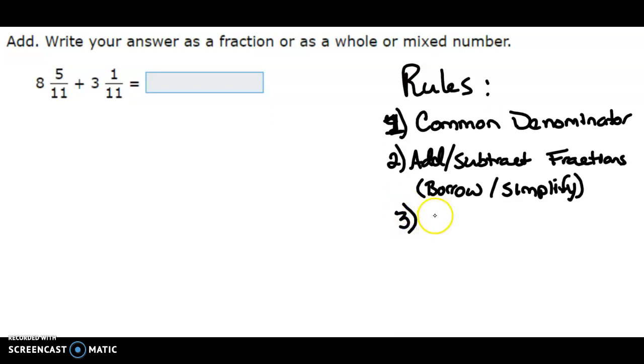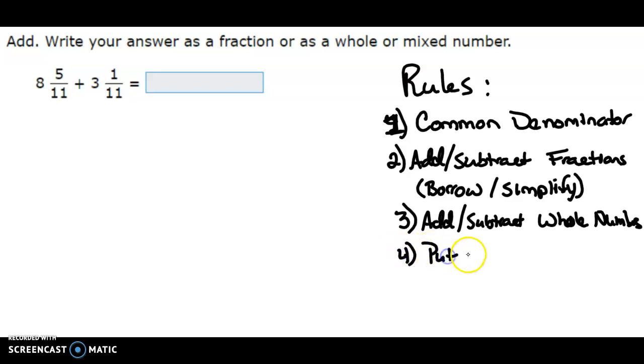The third thing that you need to do is to add or subtract your whole numbers, and then finally, number 4, you're going to put them together.